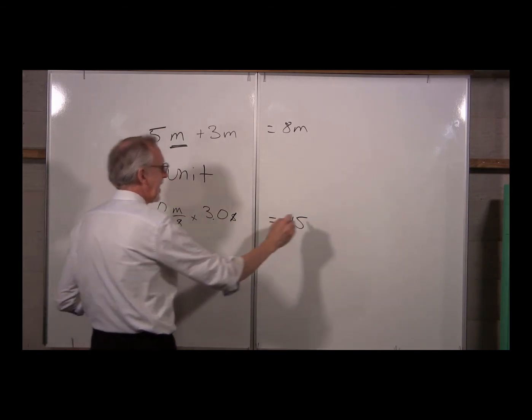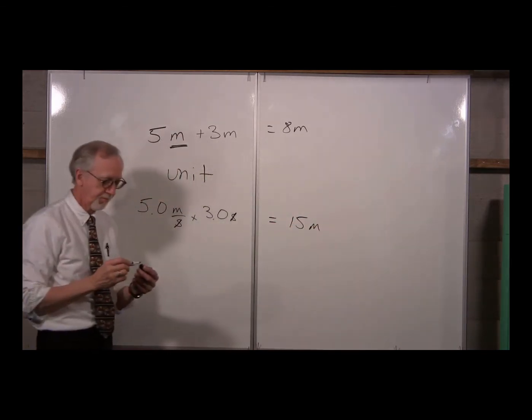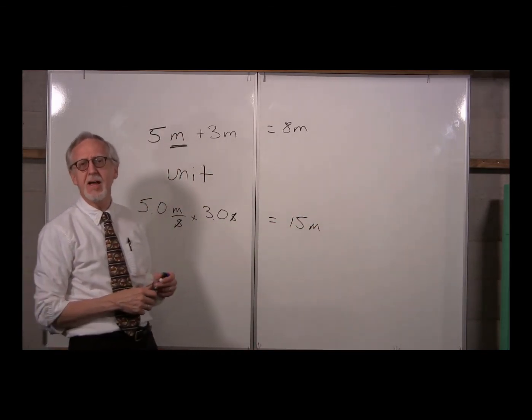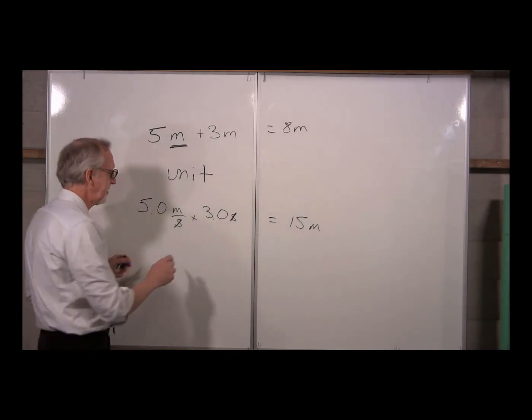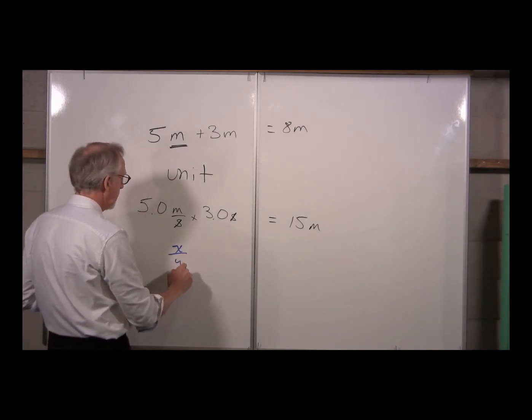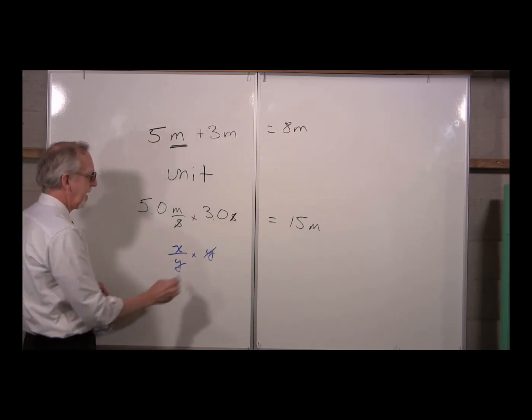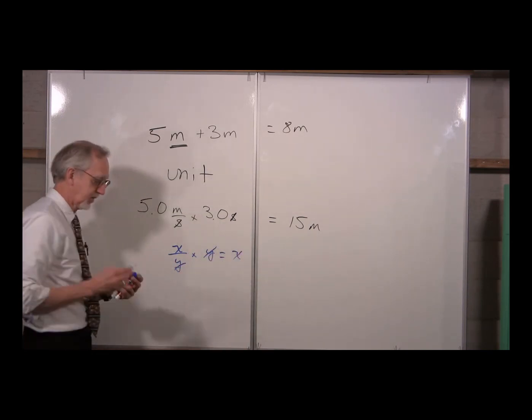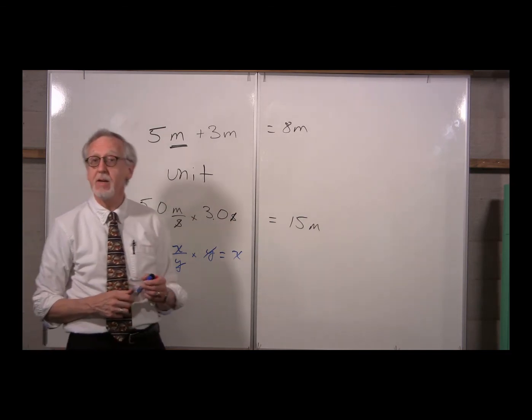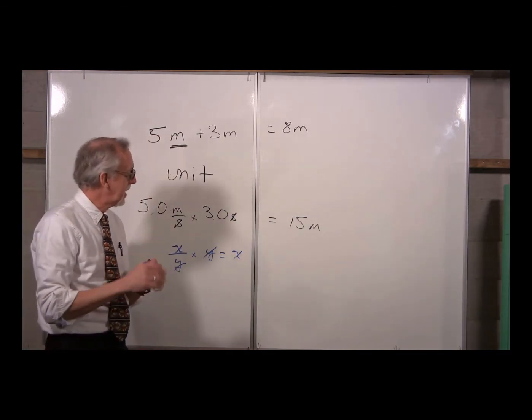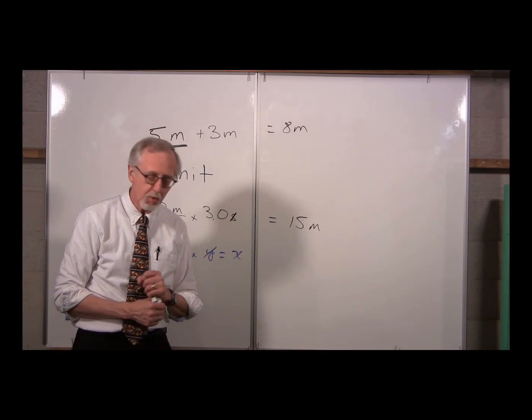And what units do we have left? Meters. So units behave very much like algebraic quantities. If you had x over y times y, well, the y's cancel and you end up with x.